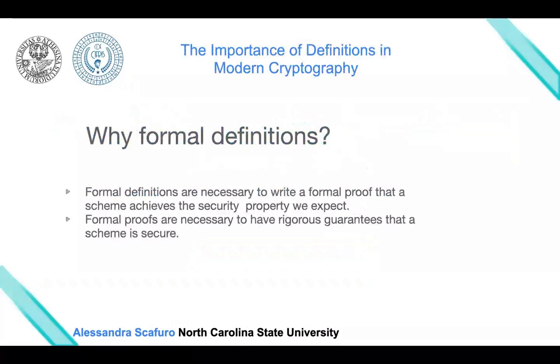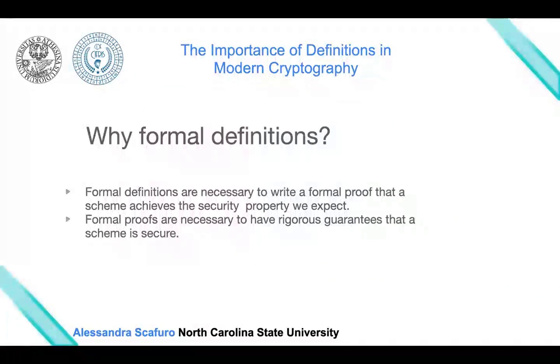Okay, so let's start. The first question is why we care about formal definitions. And the answer is, if you don't have a formal definition, you cannot have a formal proof of security. If your security definition is just a sequence of words, then probably your security proof is going to be just a sequence of words.